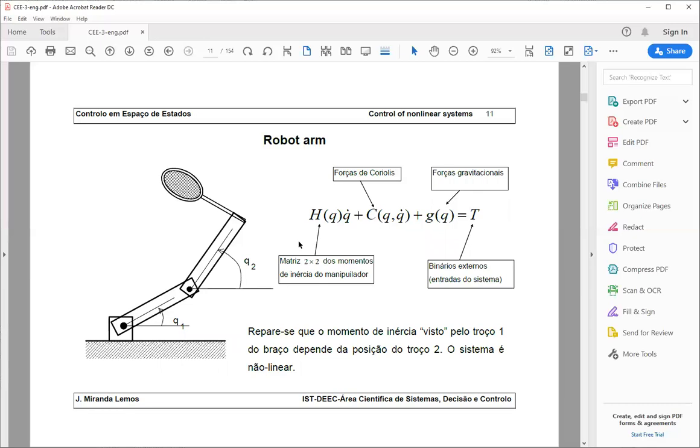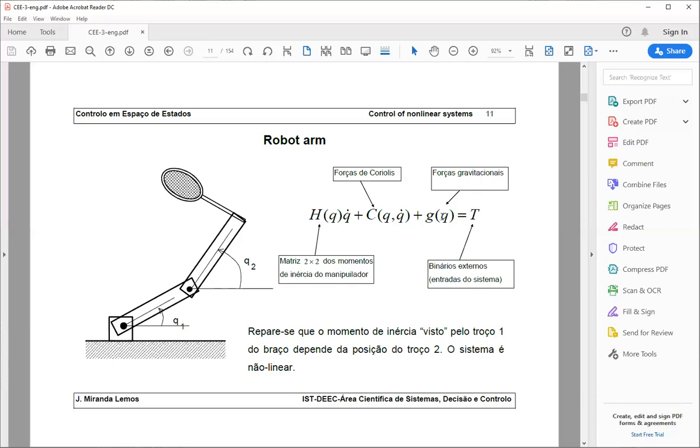Now, another example, a robot arm. A robot arm is simple, very simple robot arms. You have some motors at these joints. You have two joints. You have these angles that are generalized coordinates, and you can write these equations in this form.